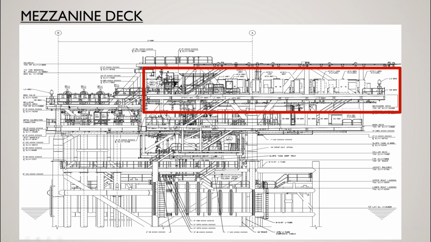So it's only a 1.5 meter elevation difference between these two levels. The main electrical equipment you will find over here, all the transformers and all the utilities, and all electrical utility equipment will be kept at the mezzanine deck.